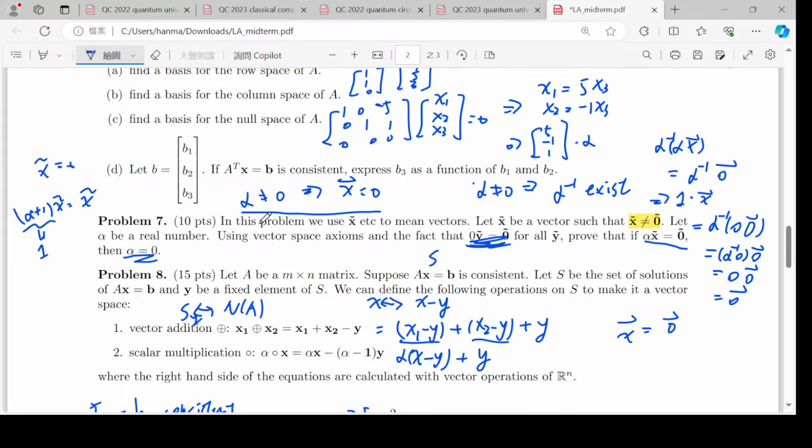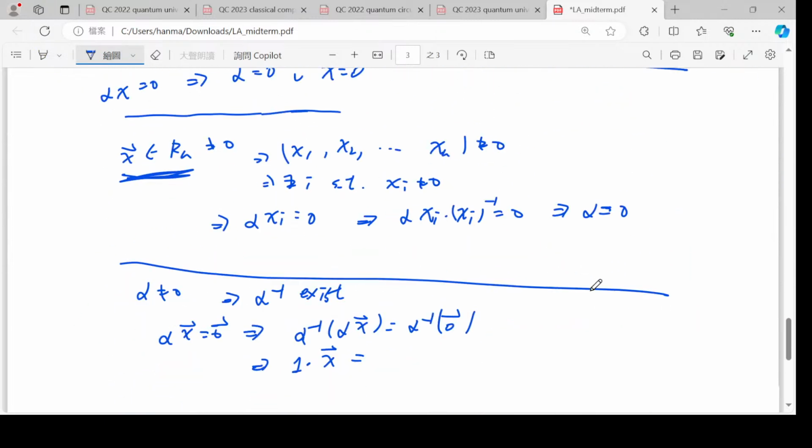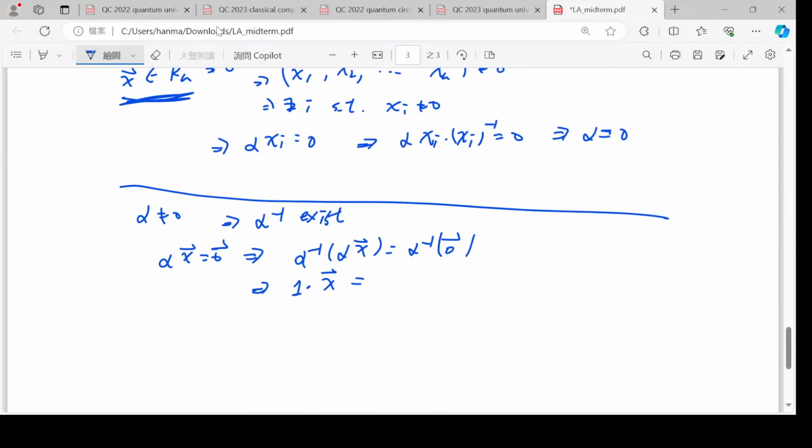This is where we use the fact that 0 times y equals 0. I stated this for a very general thing, but actually you only need it for y equal to 0.